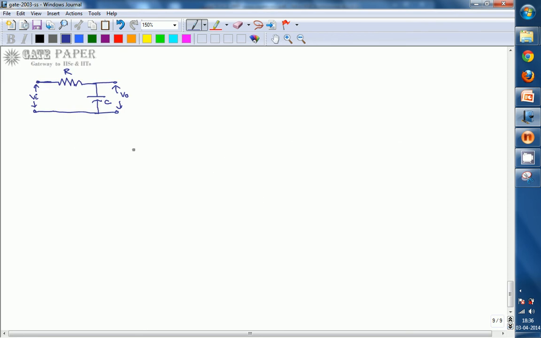To find the transfer function, first I will find it from the Laplace transform and later convert it into the Fourier transform.